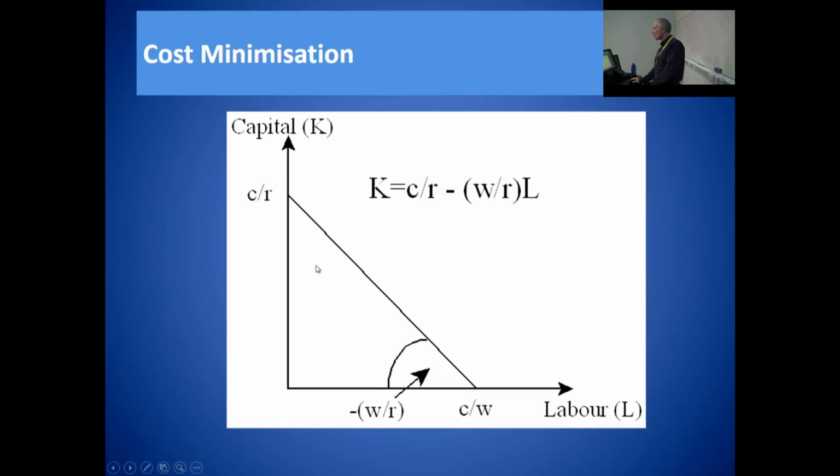And the slope of a budget constraint measures the relative prices of the two goods, the ratio of the price of the good on the horizontal axis to the price of the good on the vertical axis. So in that regard, there are distinct similarities between a budget constraint that you've seen previously and that isocost curve that we've got here.